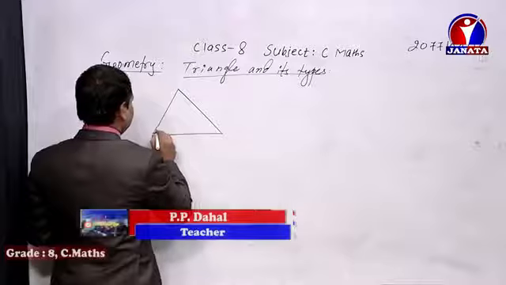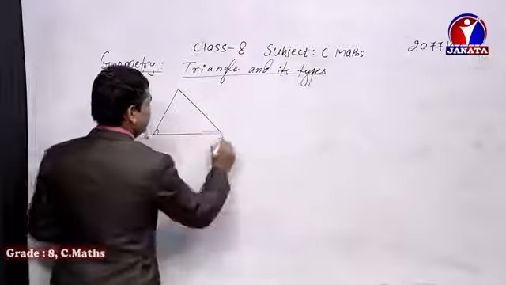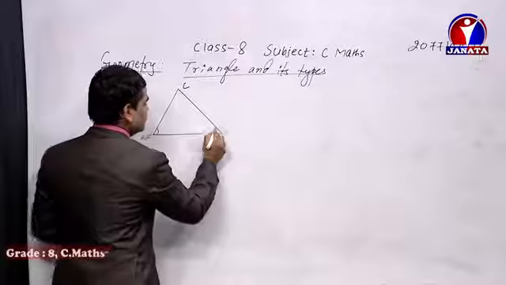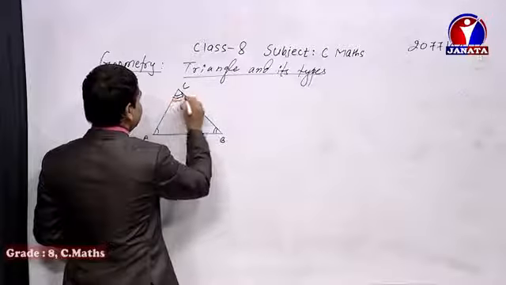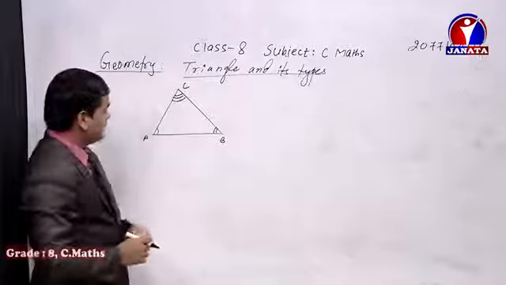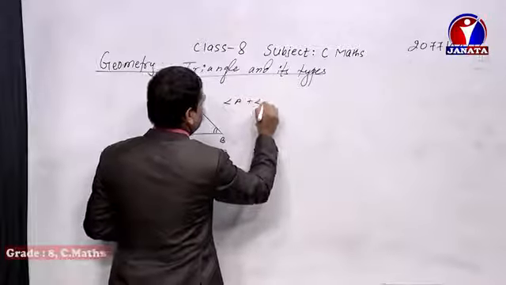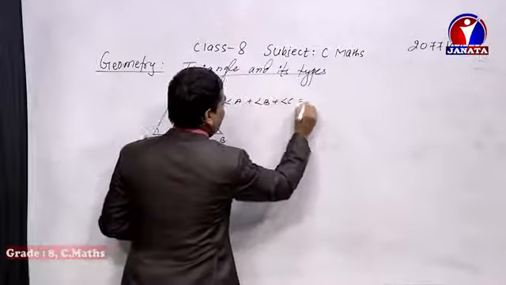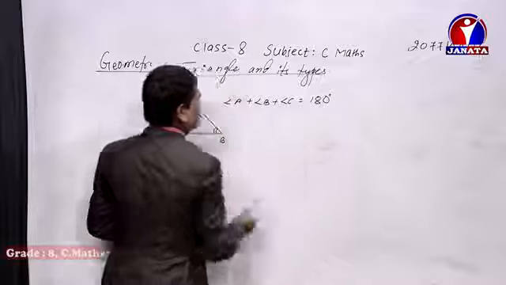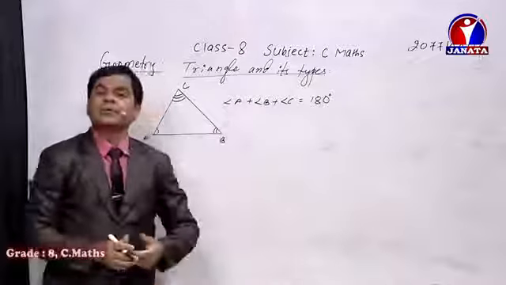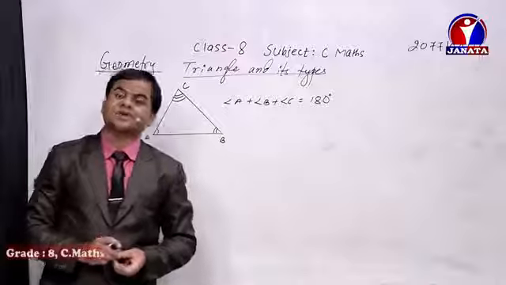That means, for example, this is angle A, this one is angle B, and this one is angle C. When we measure these angles using a protractor, their sum, angle A plus angle B plus angle C, is 180 degree. We need to remember this, but we need to prove this theoretically as well as practically, experimentally.